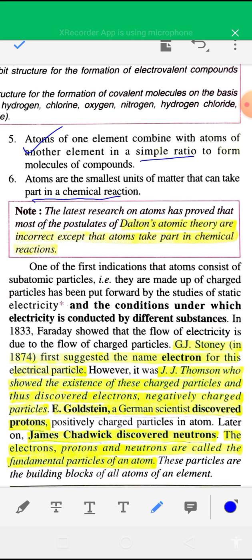Some postulates of this Dalton atomic theory were correct, and some were wrong.